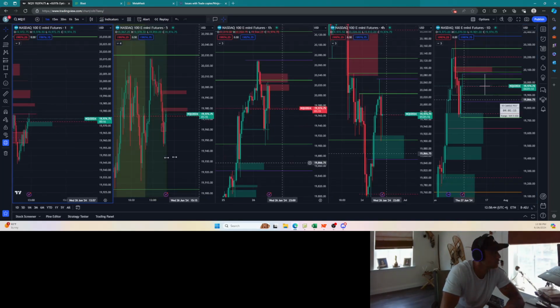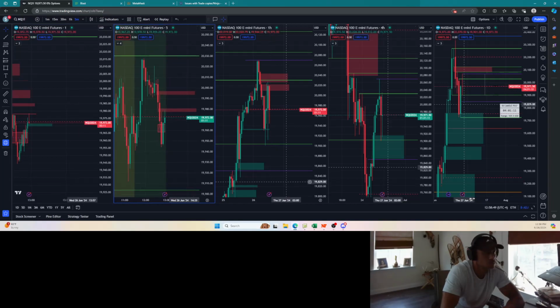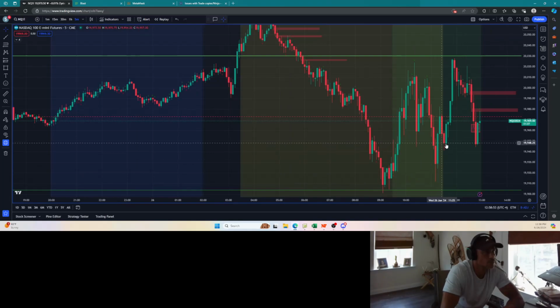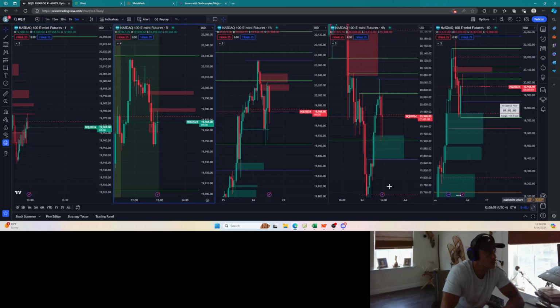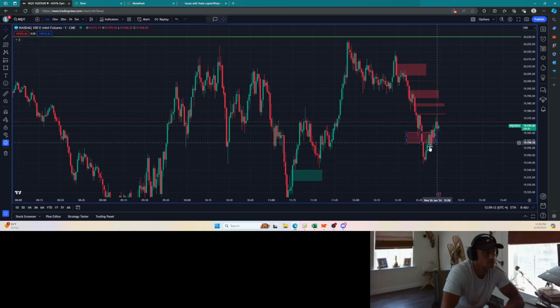Just to reiterate, they made the equal lows on the 5-minute, which are here. They took those equal lows, we got a bounce. Then go back to the 1-minute, and those equal lows created this bearish gap on the way down. They inverted it on this green candle right here.